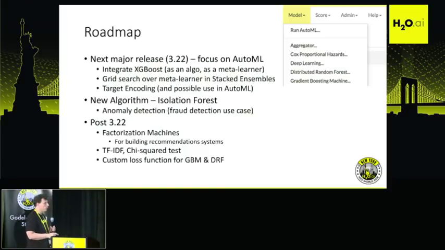We want to let you do a grid search over the meta learner parameters in stacked ensembles. And we also want to expose the target encoding and possibly use it in AutoML, and that should provide some boost in terms of accuracy.